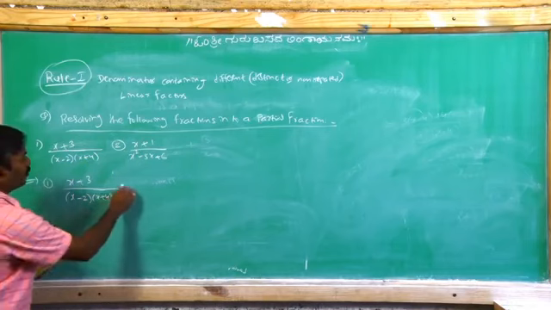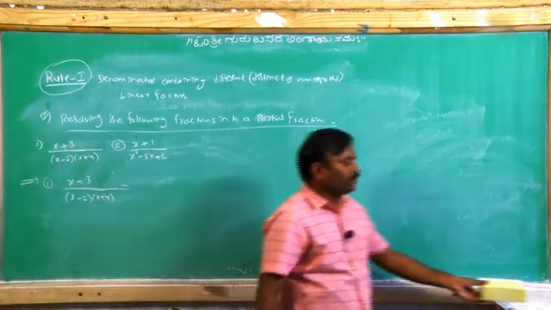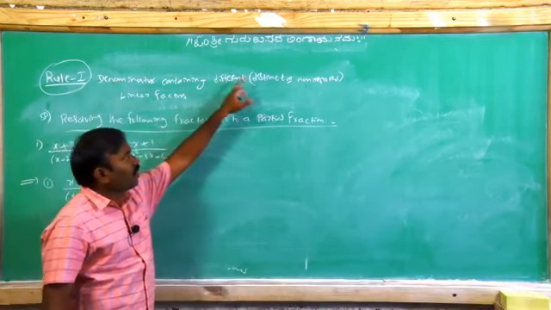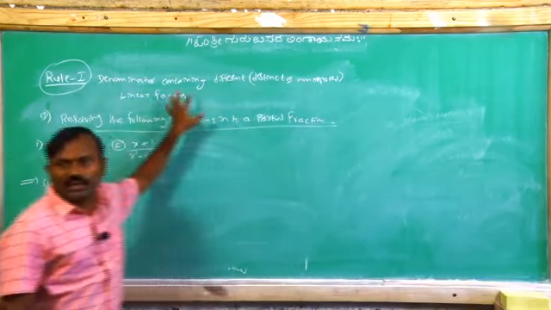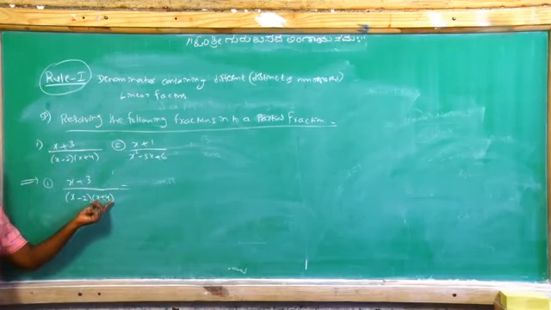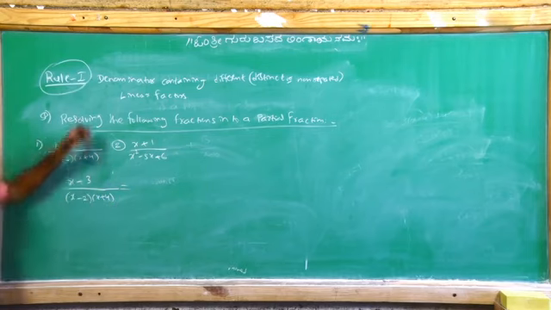And one more condition: what is rule 1? The denominator contains different, or distinct, or non-repeated linear factors. x minus 2 is a linear factor, x plus 4 is a linear factor. In the denominator we have different linear factors, and this is a proper fraction, then we can use rule 1.